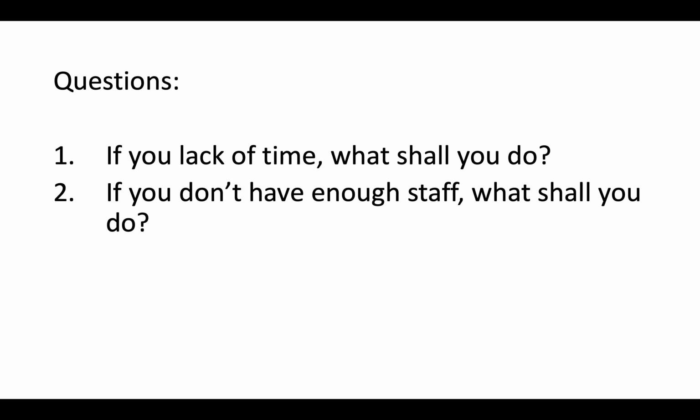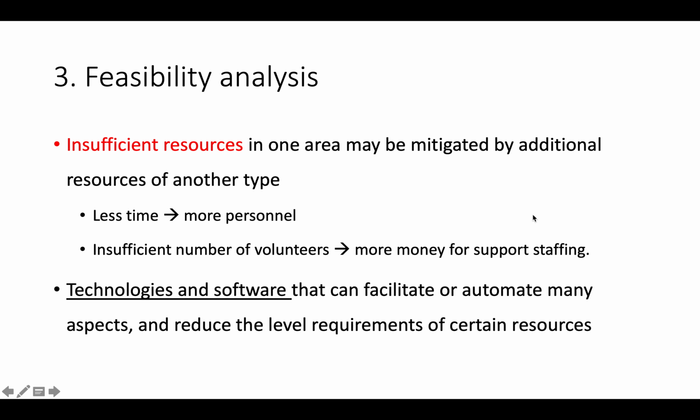Alright, so you may ask, oh, I already know this is something I have. However, I don't have enough time. What should I do? Or if I don't have enough people to help me do the events, what should I do? When we are doing the feasibility analysis, when we are in a situation of not having enough resources in one area, we can do a better job of rebalancing all the resources that we have.